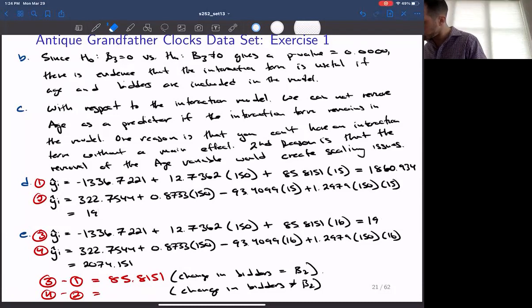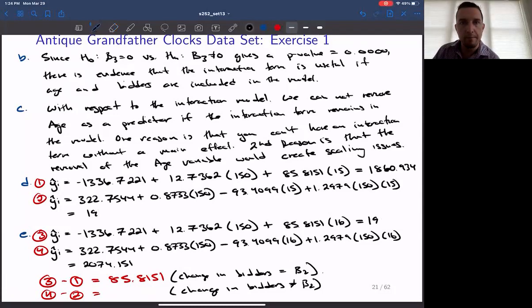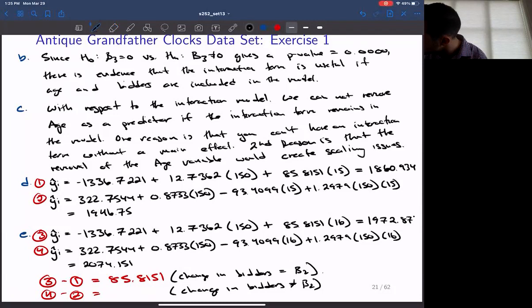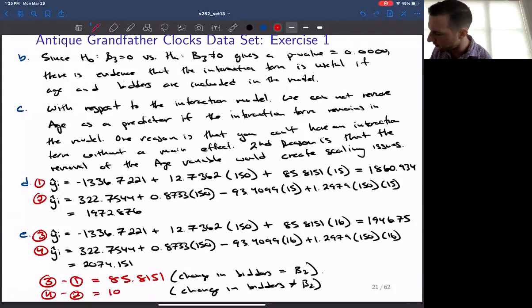And that value is off. Oh boy. I had them backwards. There we go. 7.5. Sorry about that. This one is the 1972.876. Wait, no. Sorry. I subtracted the wrong things. I had it all right in the beginning. 275. Okay, now we can see it.